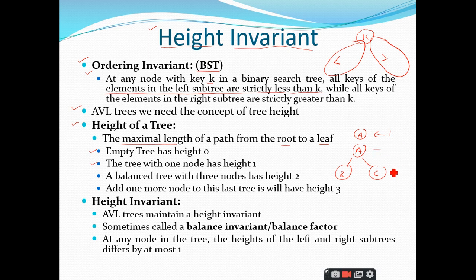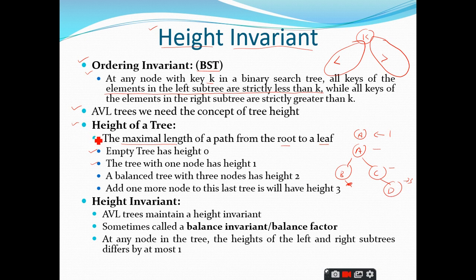It is level 0 and level 1, and the height is 2. And if you add one more element like this, let me draw it, D, the height is going to increase. So it becomes 3. So this is all about the height of a tree.